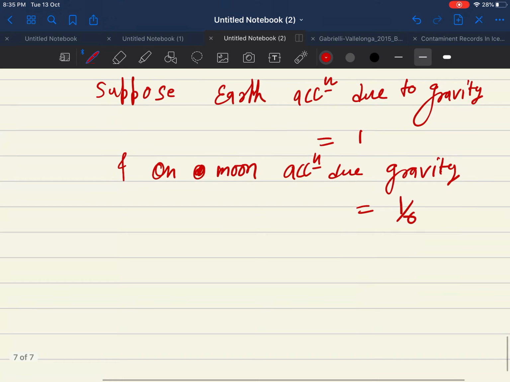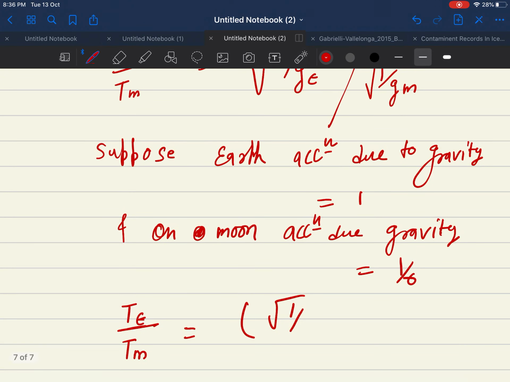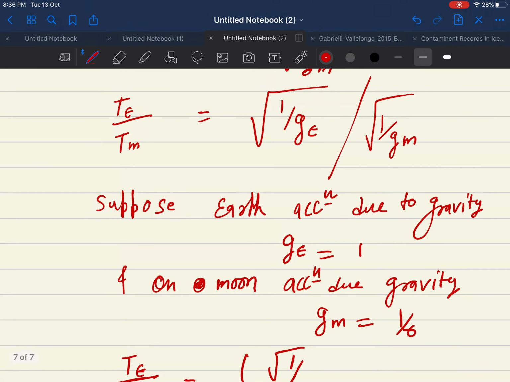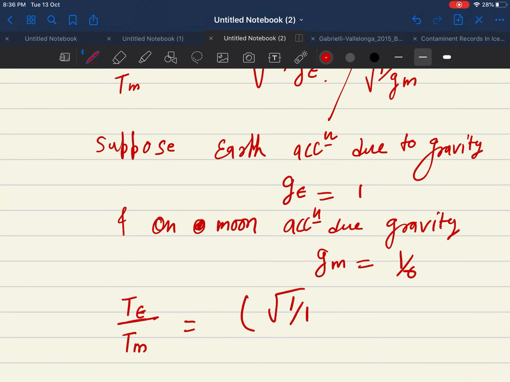So we can write TE by TM is equal to under root 1 by, here gE is equal to 1 and gM is equal to 1 by 6. This is gE, this is gM. Is this correct or not?